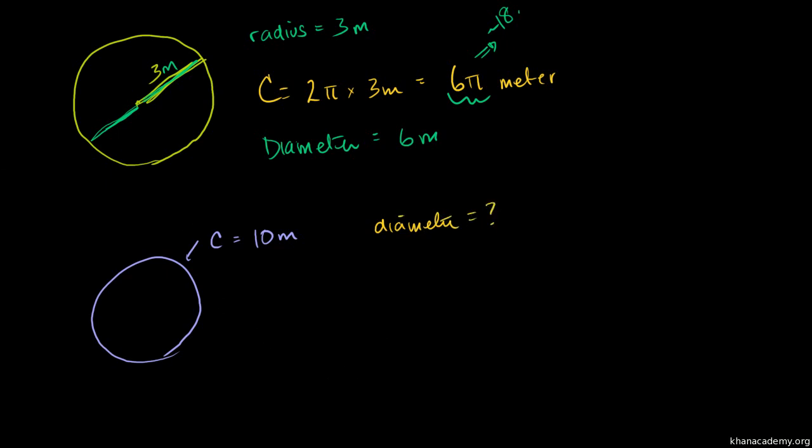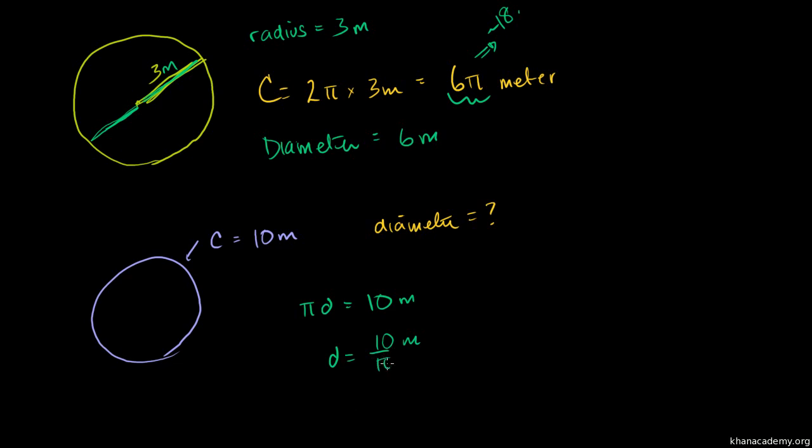Well, we know that pi times the diameter is equal to the circumference, is equal to 10 meters. So to solve for this, we would just divide both sides of this equation by pi. So the diameter would equal 10 meters over pi, or 10 over pi meters.